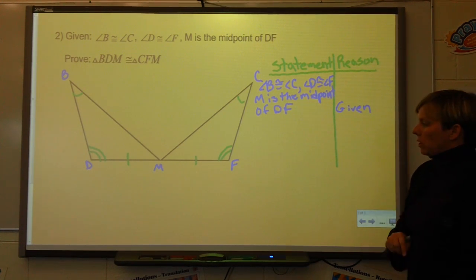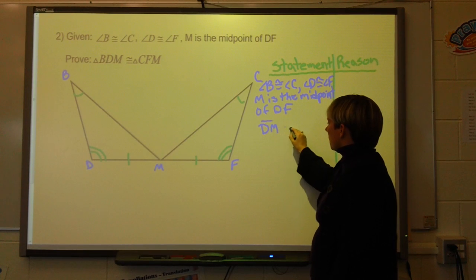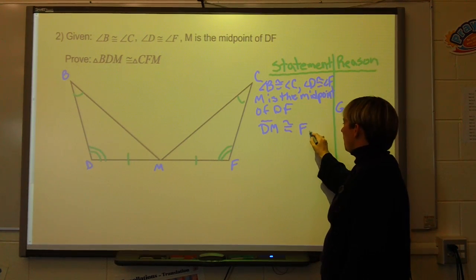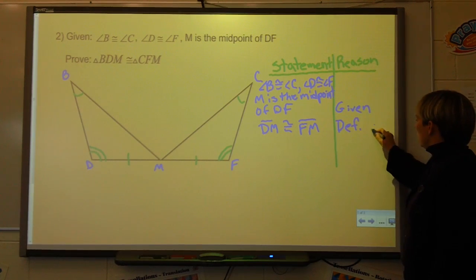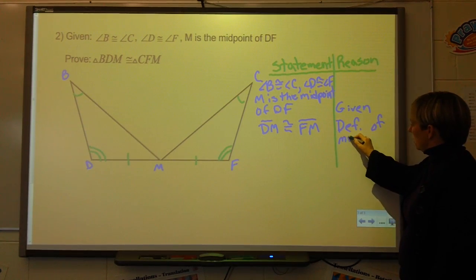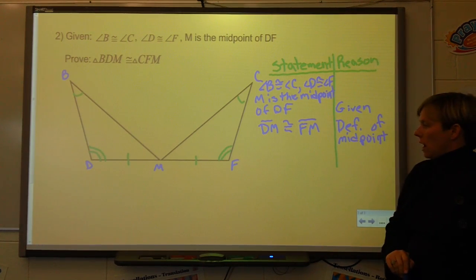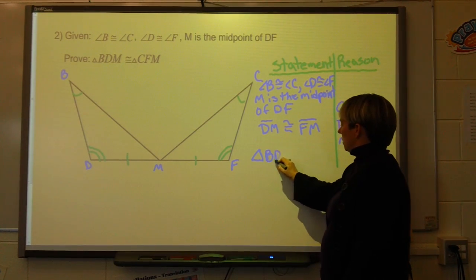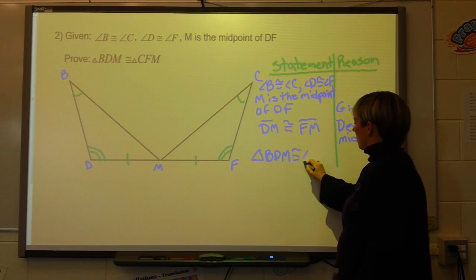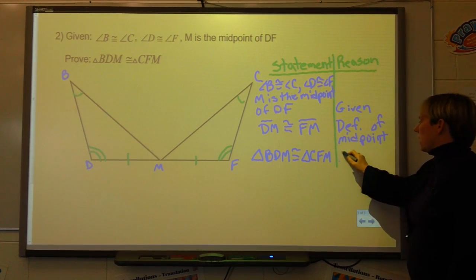However, M is the midpoint of DF. I can then infer that DM is congruent to FM by definition of midpoint. And finally, my triangles then are congruent by angle angle side.